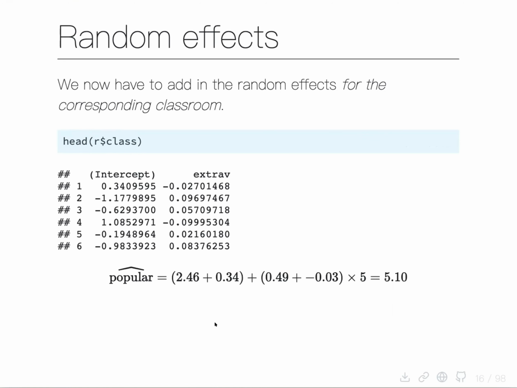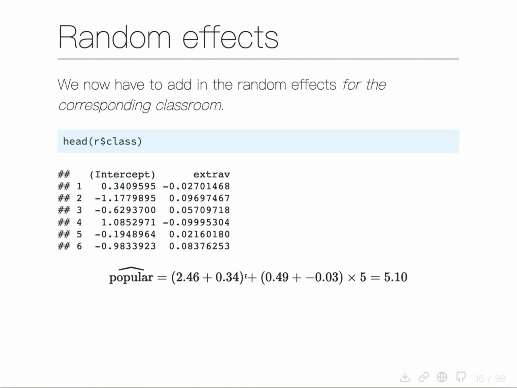And now what we end up doing is we just extend that prediction that we had before to include those pieces from the random effect. So we have 2.46, that's our fixed effects, plus 0.34, right? Because that's the difference for this classroom's intercept and our overall intercept.